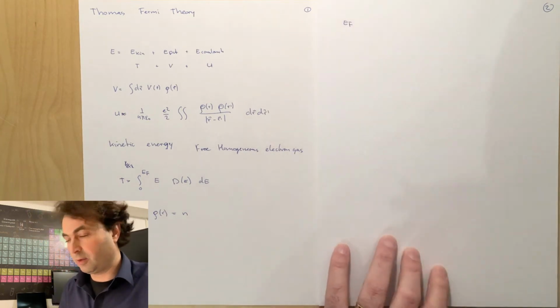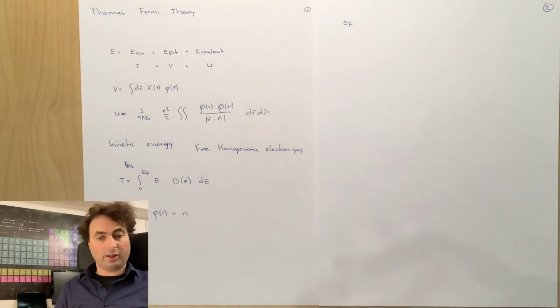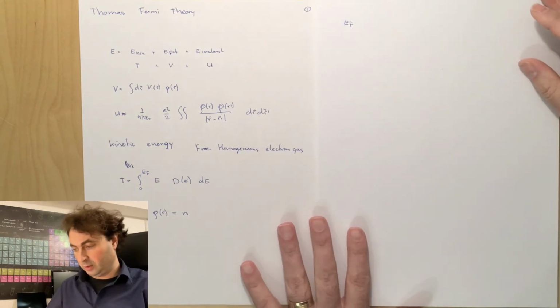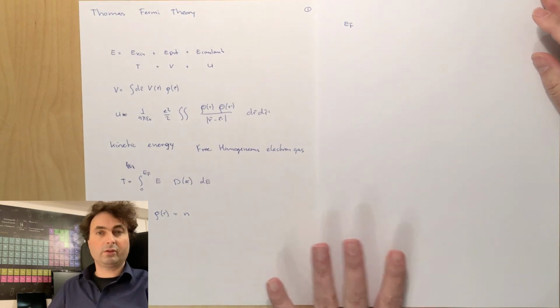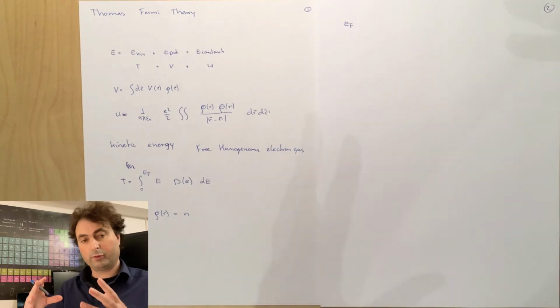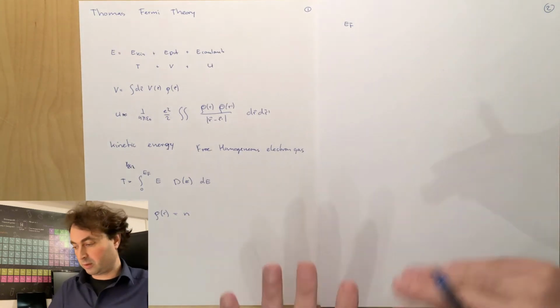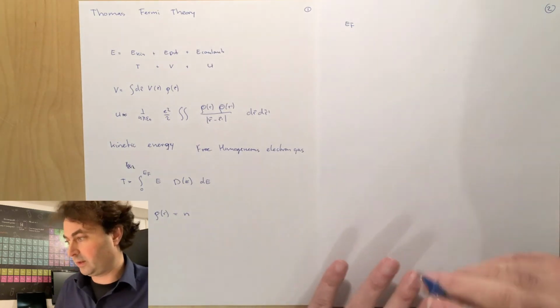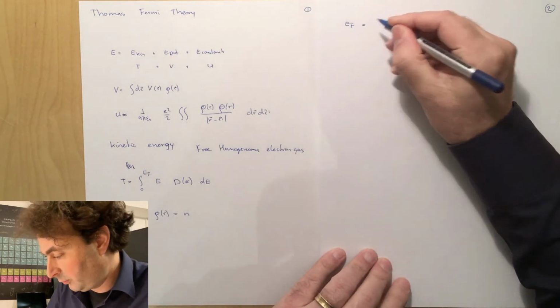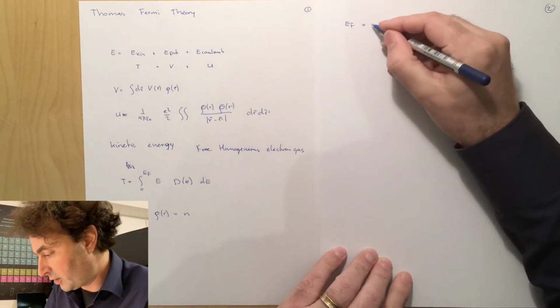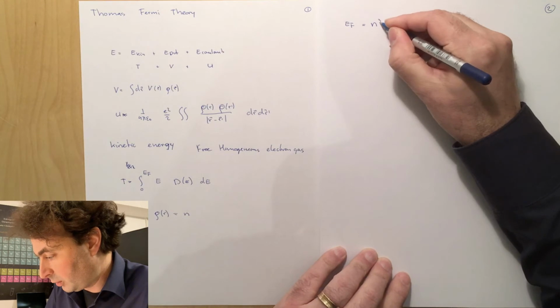We can express the Fermi energy in terms of how many particles we have in our system. We did this when we introduced the Sommerfeld model, creating the Fermi sphere, calculating how many one-particle functions are in there. And then we can calculate the Fermi wave vector or the Fermi energy as a function of the number of particles.